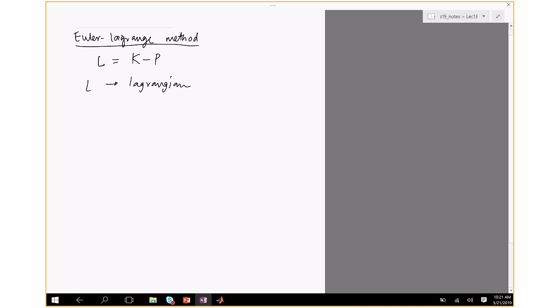K is the kinetic energy, and P is the potential energy. So write the kinetic energy, write the potential energy, find the Lagrangian, and then the equation of motion is given by this formula.